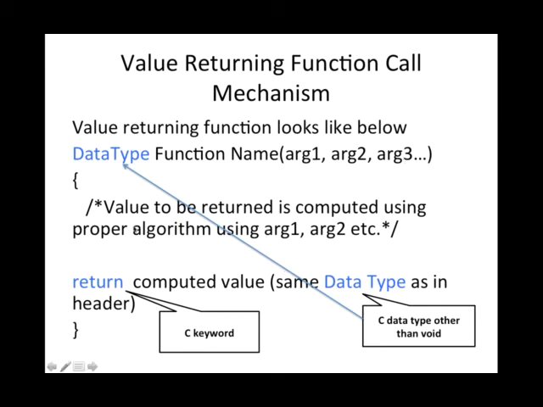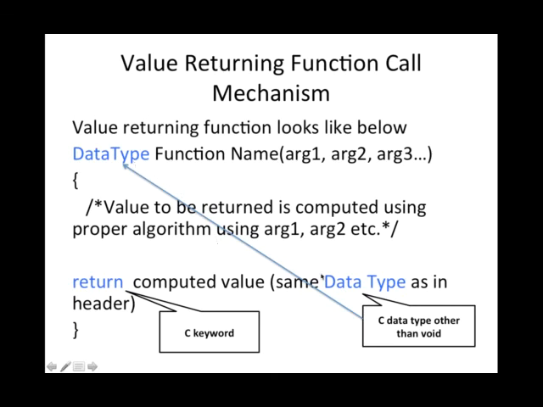And then this computed value is returned using a return statement, which is a C keyword. The data type of this computed value should be the same as this one. So the data type that is returned is the same as this one.